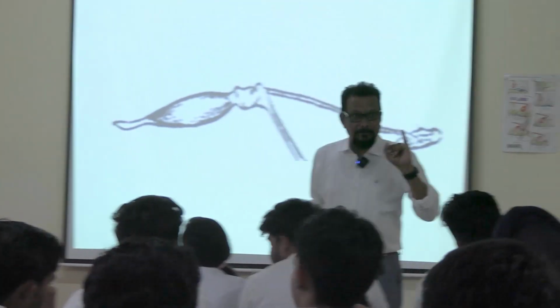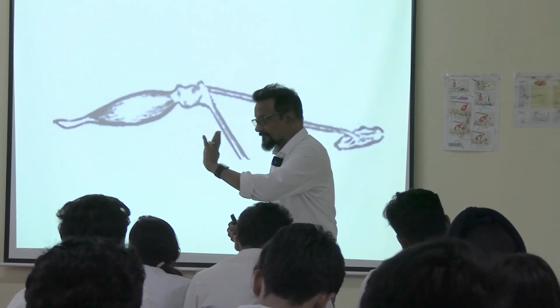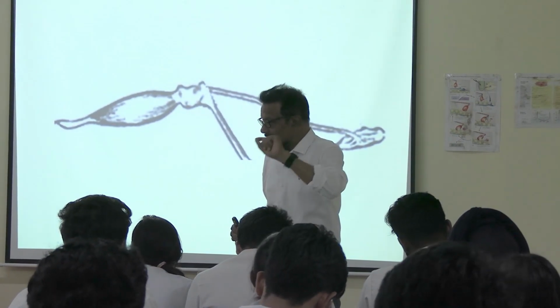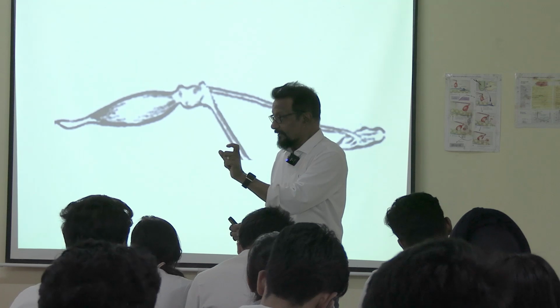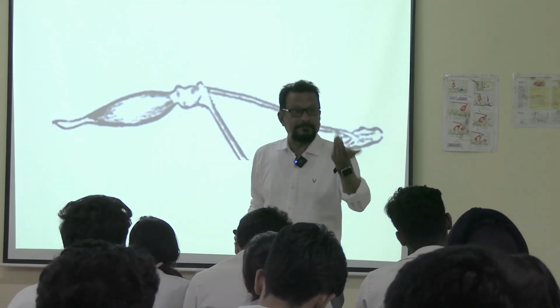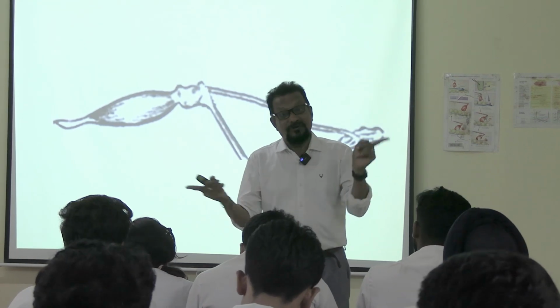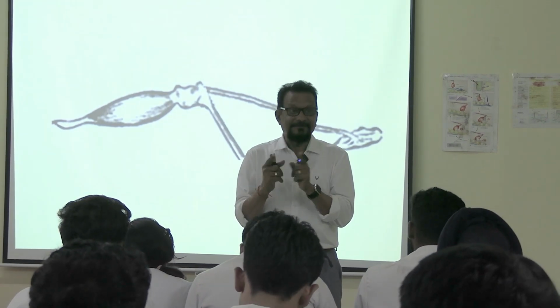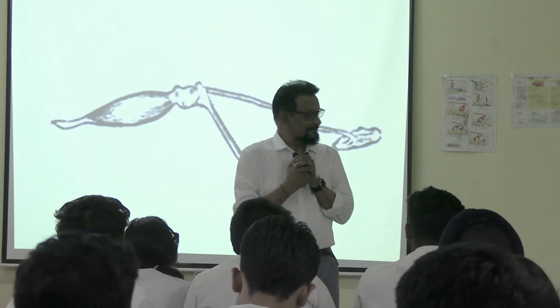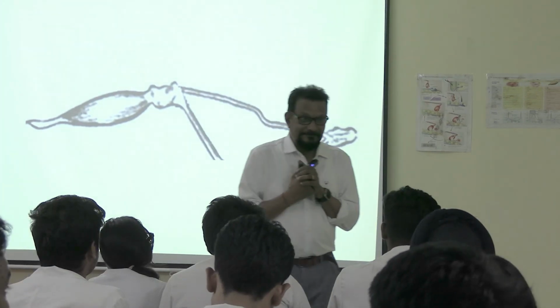So one is the time for conduction. Another is the time for crossing the neuromuscular junction, the time for EC coupling, and the time for the mechanism of contraction.